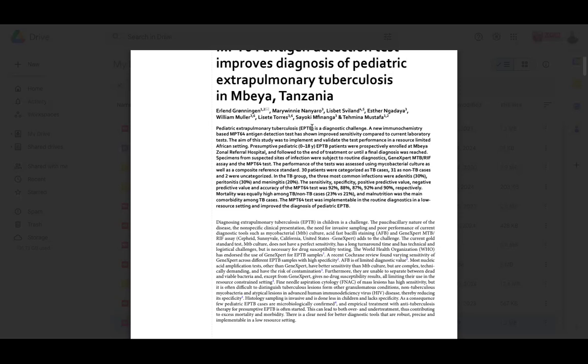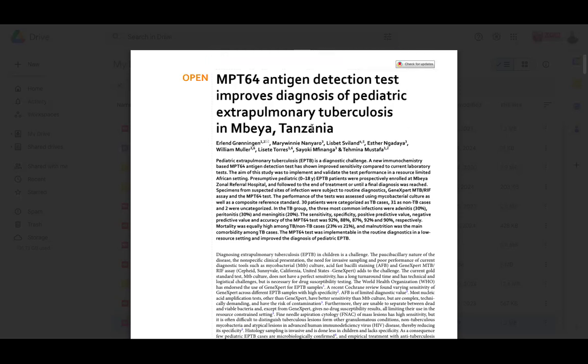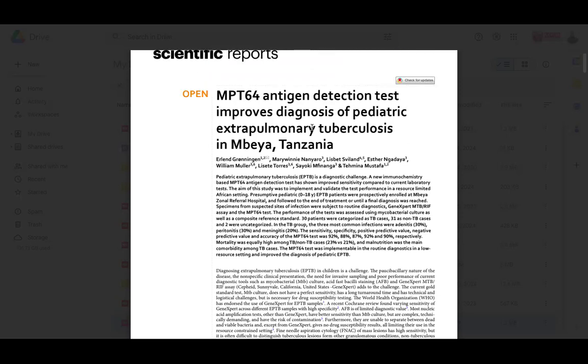In this case, I would like to point out that this is a test for extrapulmonary tuberculosis. What does it mean? It is tuberculosis, but it is not involving the pulmonary system, it is outside our pulmonary system.